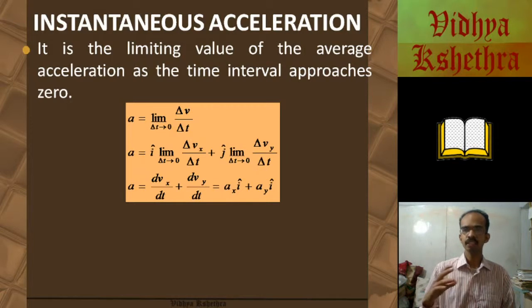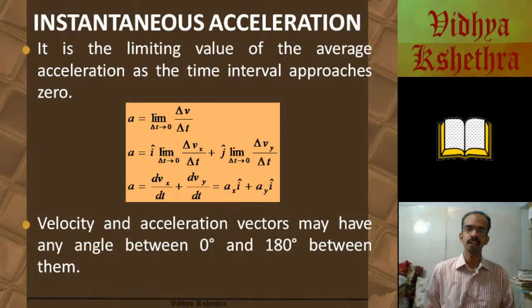That is, acceleration is equal to dvx by dt plus dvy by dt, that is equal to ax i plus ay j. Now, velocity and acceleration vectors may have any angle between 0 degrees and 180 degrees between them.